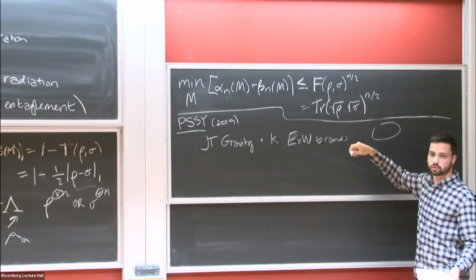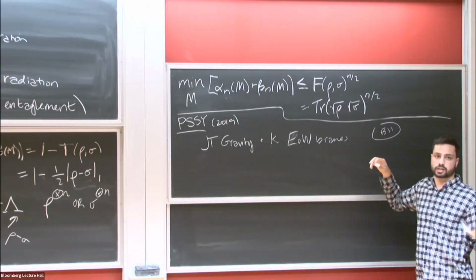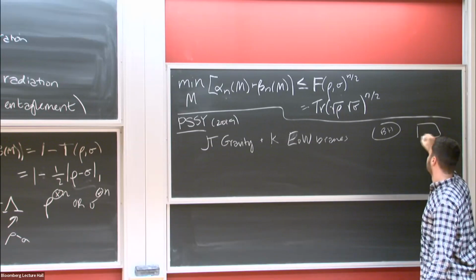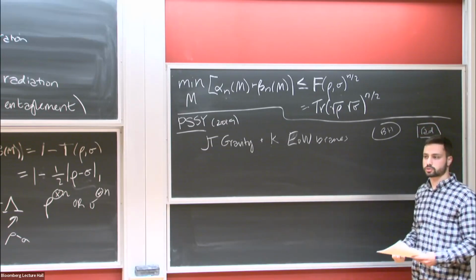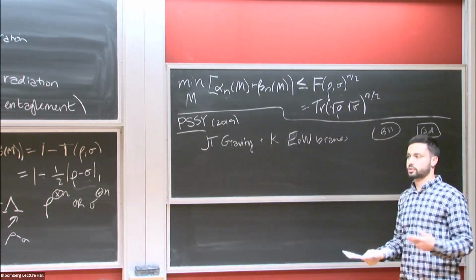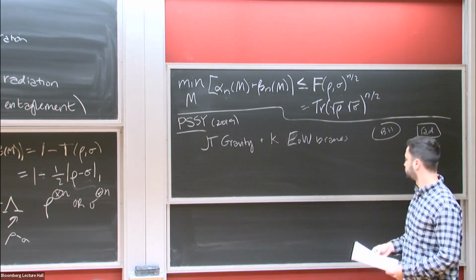This describes the black hole system. And then we also have an auxiliary radiation system, and we entangle the two. So this models the combined state of the radiation and black hole at a certain time.